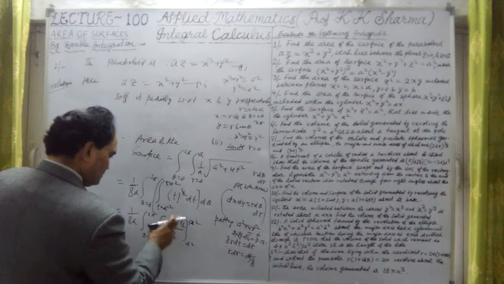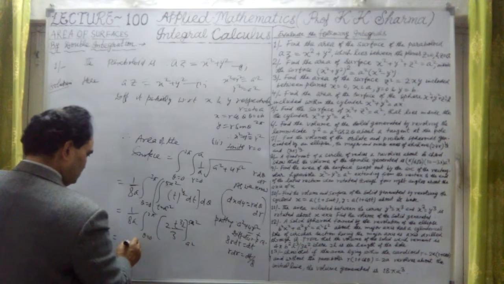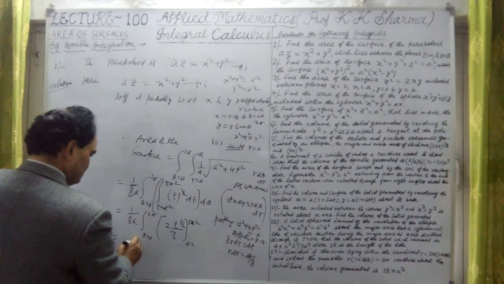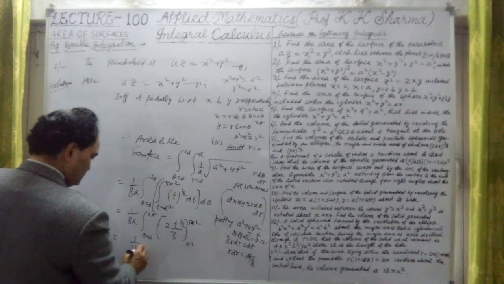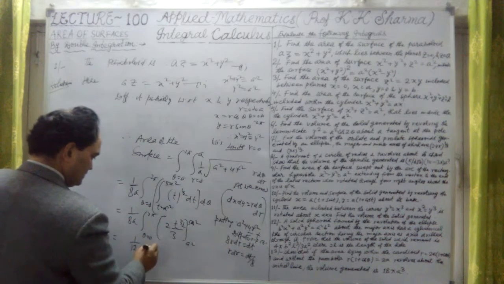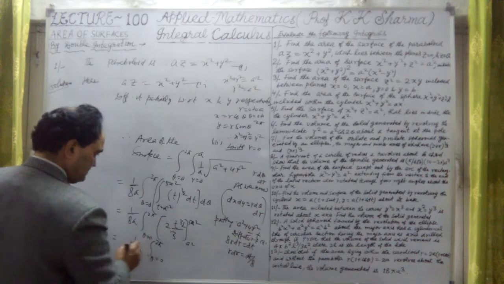Now this 2/3 also we can take outside. It will be then 2 into 4, so it will be 1/12a. This is now theta equal to 0 to 2 pi.